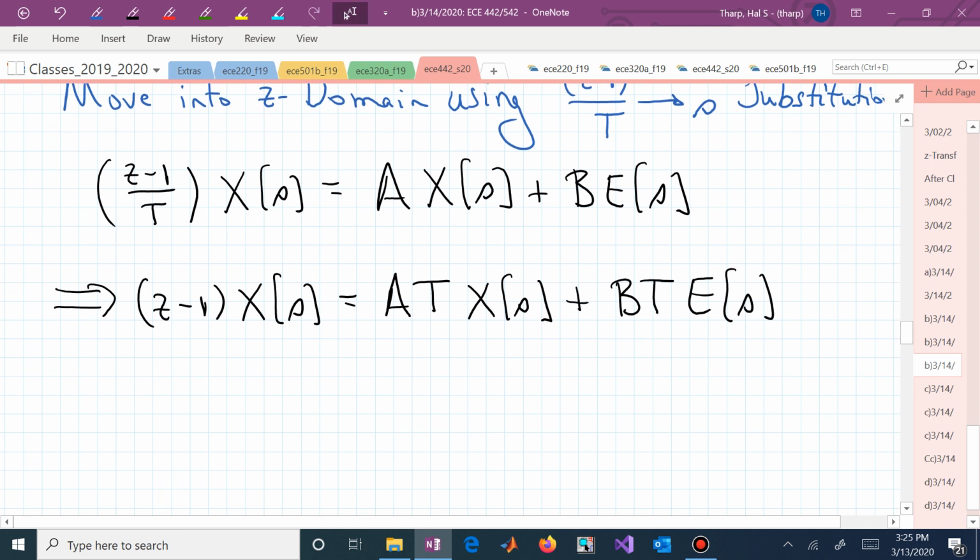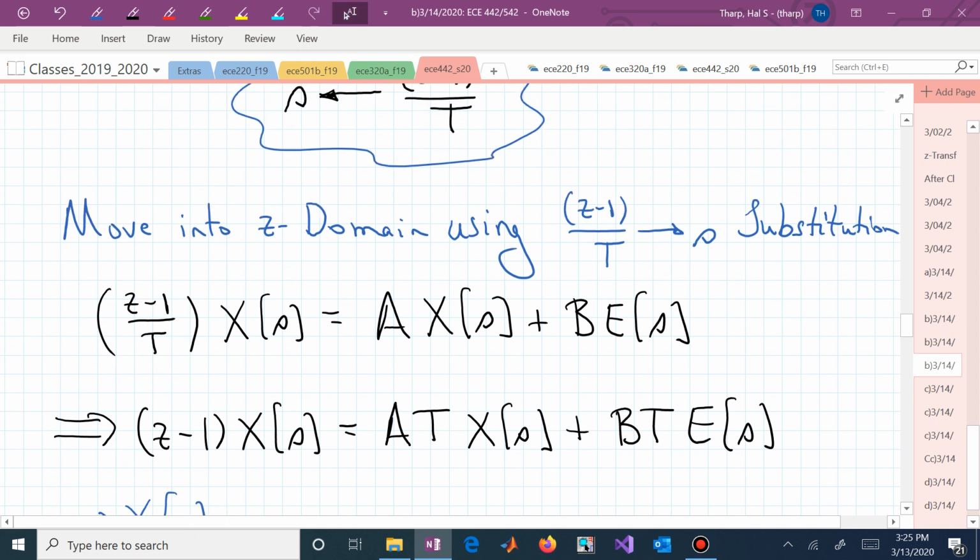We can now put all of the appropriate powers of z and combine the variables with each other, or what I'm really trying to say is let's just keep the z X of s on the left. Actually, I'm sorry. We've now moved into the z domain, so let's replace all of these arguments of s with z. I should have been using the variable z as the argument on these variables that have been Laplace transformed.